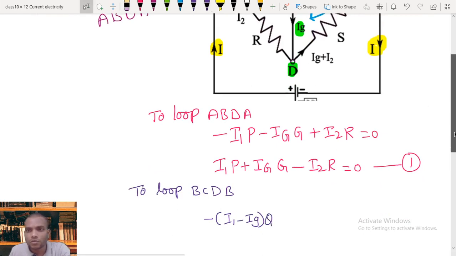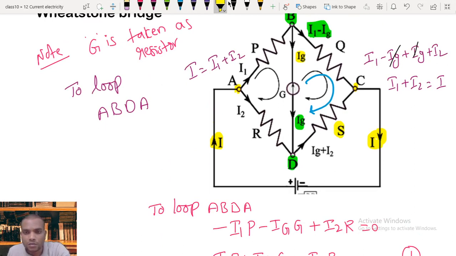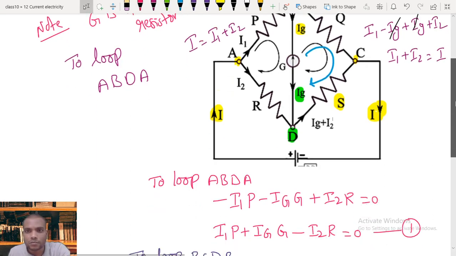And when it comes to resistance S, the current direction through the resistor and my direction in the loop are both opposite. When they are opposite, we take that as positive.